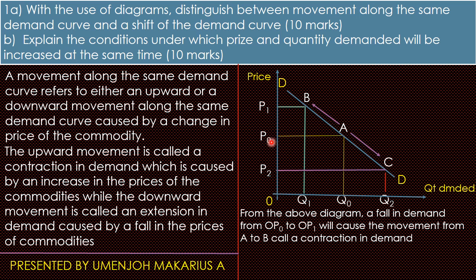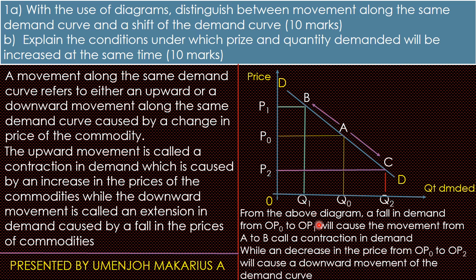When the quantity demanded falls from OP0 to OP1, it therefore causes the movement from A to B, which, like I said initially, is called a contraction in demand.